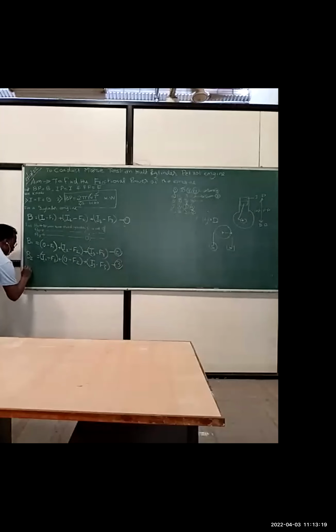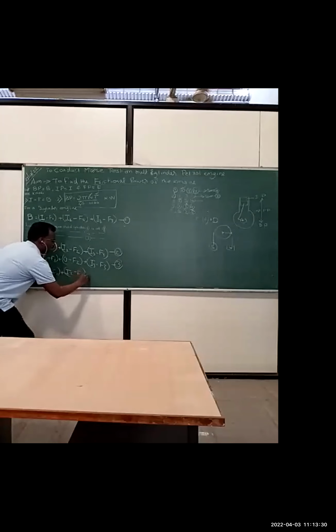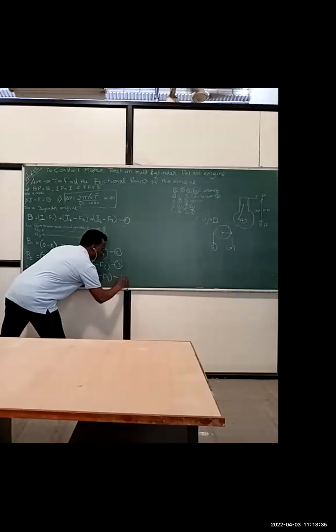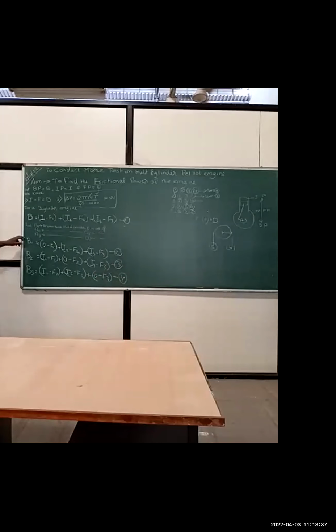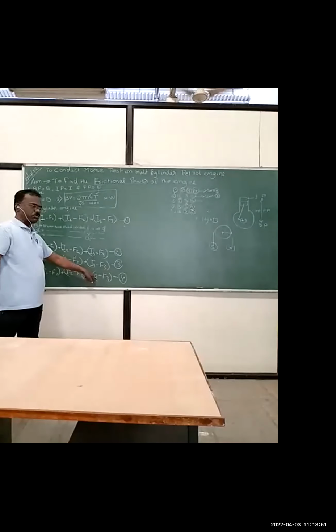And similarly, B3, when cylinder 3 is cut off, we have I1 minus F1 as it is plus I2 minus F2 plus 0 minus F3. What it means is that in cylinder number 1, there is no firing, no combustion, no IP produced. In cylinder number 2, there is no IP, no combustion, no power produced. In cylinder number 3, no power, no IP produced.